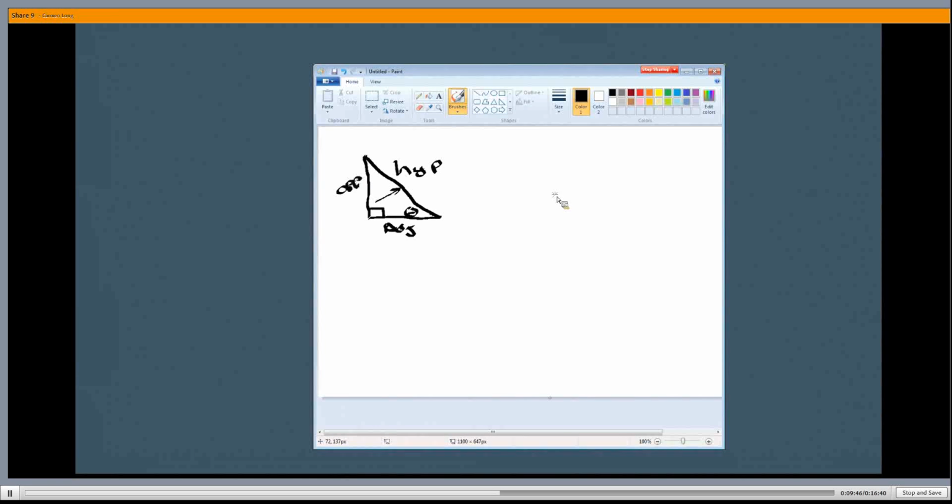It's the opposite of the theta. If the triangle is like this, and this is the theta, then this is the adjacent side, and this is opposite of the theta. So you just have to remember that opposite is across from it and it's not one of the sides that make up the angle, and adjacent means next to.